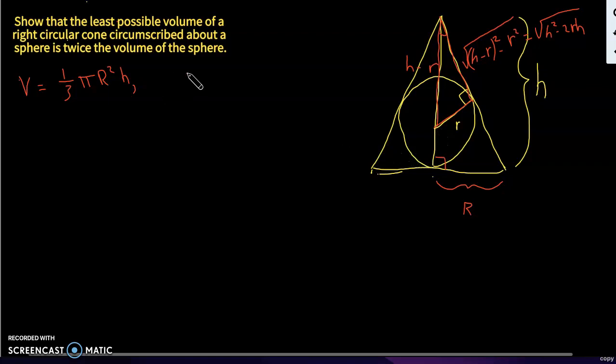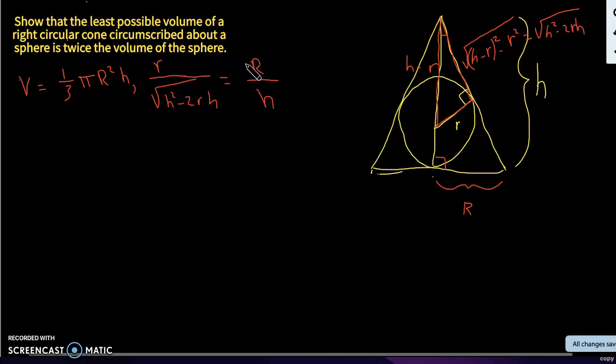Okay, so using our similar triangles, we can take the ratios of the legs on the red triangle. We can take this r over the square root of h squared minus 2rh, and set that equal to, working with the bigger triangle, the ratio of its corresponding legs, which gives us big R over h.